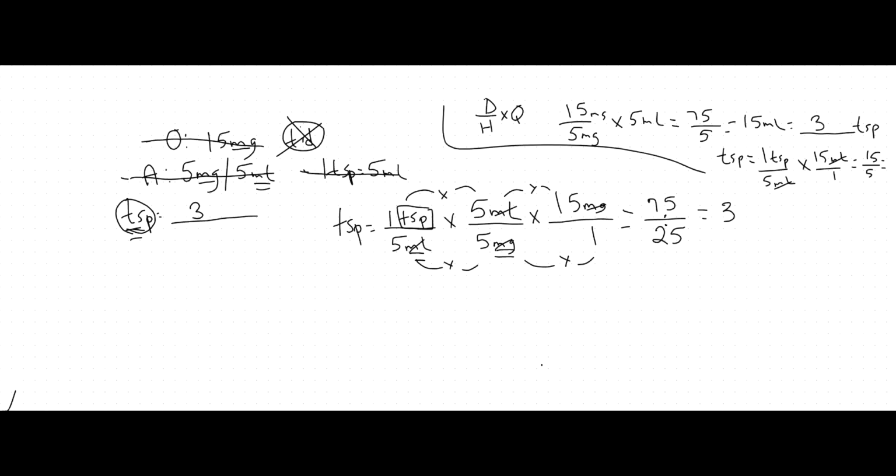I like dimensional analysis just because I don't ever have to remember formulas. Right now it's really just one formula, but when you get into IV therapy, you're going to have mL per hour, drops per minute, mL per hour for less than an hour, and then conversion times and completion times.